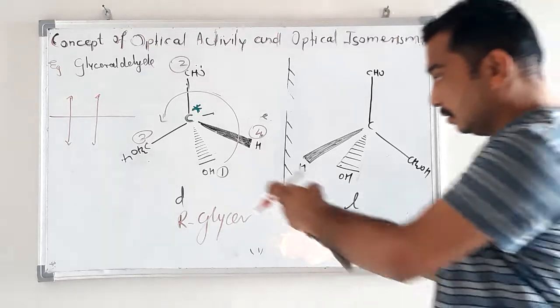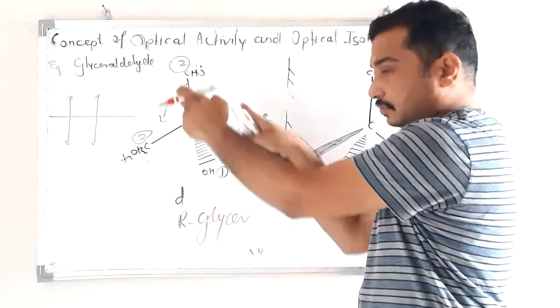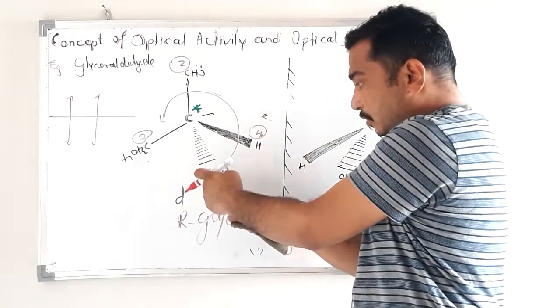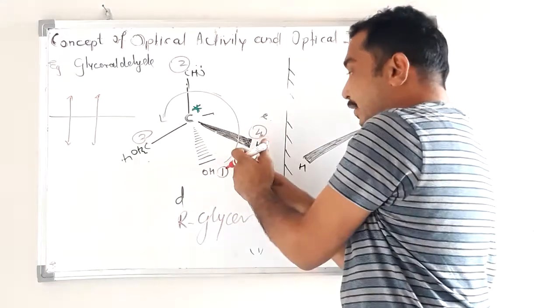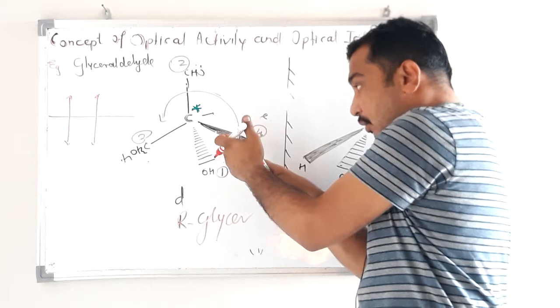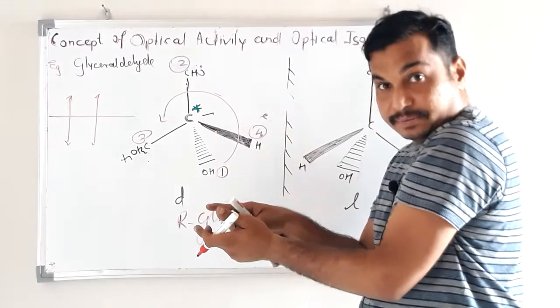As per preference, the OH group oxygen gets number 1, aldehyde 2, CH2OH 3 and hydrogen 4. But here the lowest priority group is on the front side.